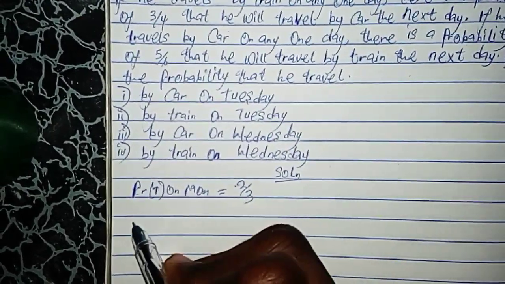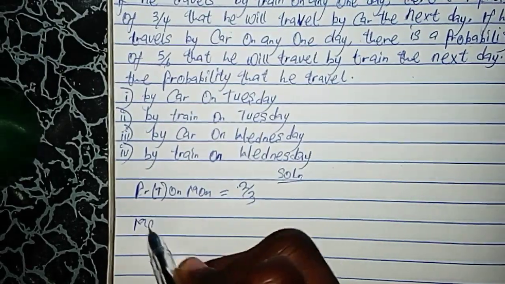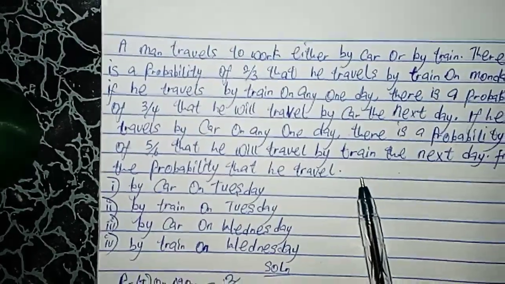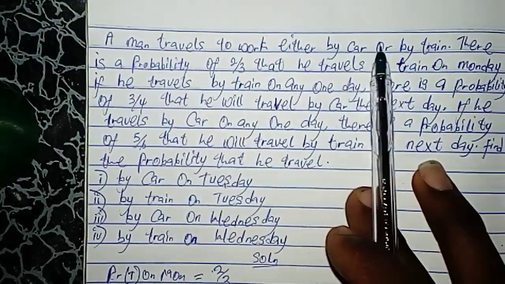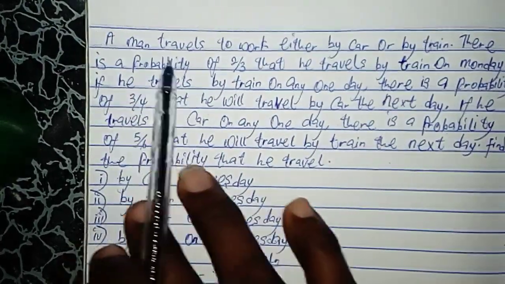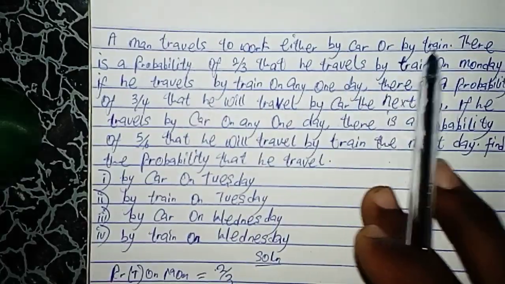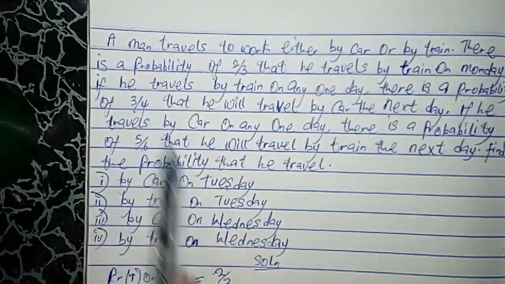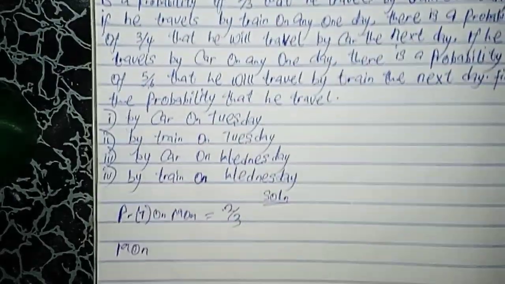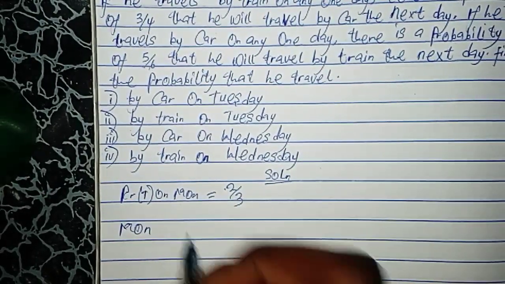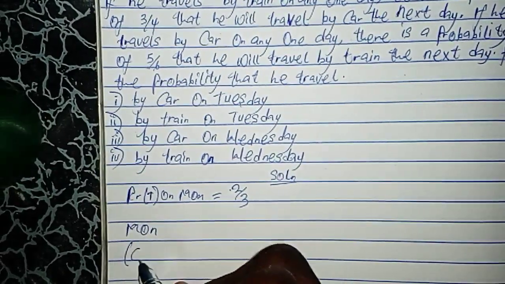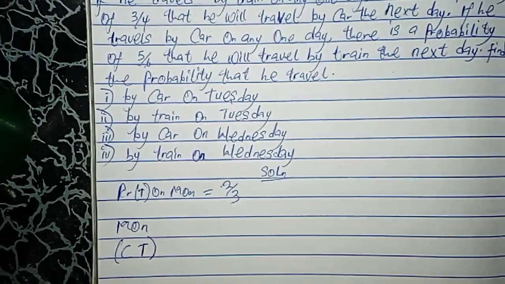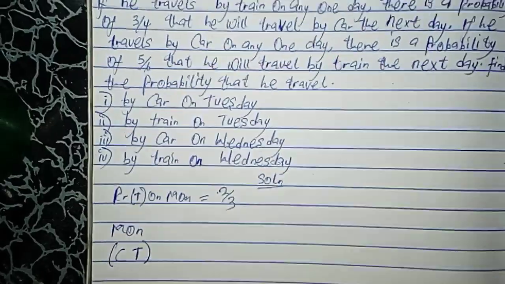On Monday, it is said from the question that a man travels to work either by car or by train. There is a probability of 2/3 that he travels by train on Monday. On Monday, we should assume it as the first day. On Monday he either travels by car or he travels by train. This is the possible way he can travel on Monday.